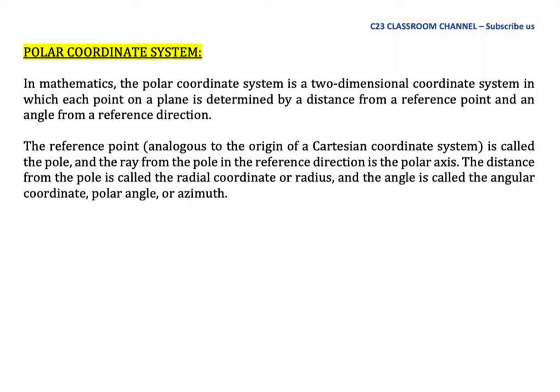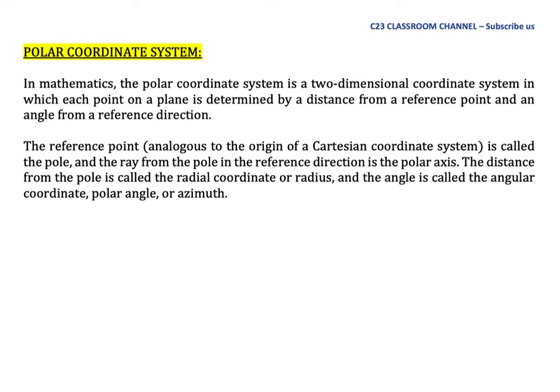Now I would like to introduce you to the polar coordinate system. In mathematics, the polar coordinate system is a two-dimensional coordinate system in which each point on a plane is determined by a distance from a reference point and an angle from a reference direction.